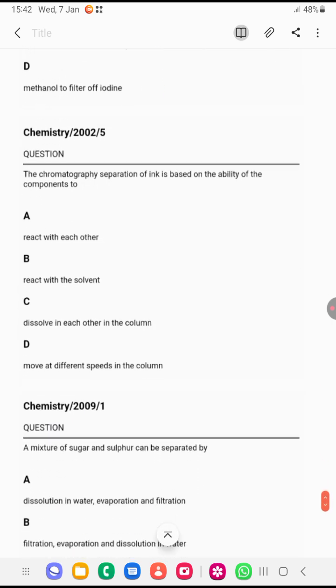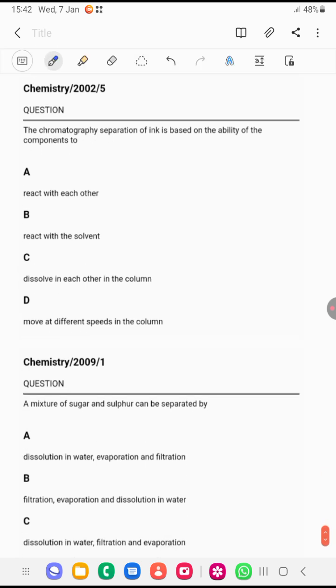So look at this year 2022 question. Chromatography. The chromatography separation of ink is based on the ability of the components to A, react with each other, B, react with solvent, C, dissolve in each other in the column, and D, move at different speeds in the column.